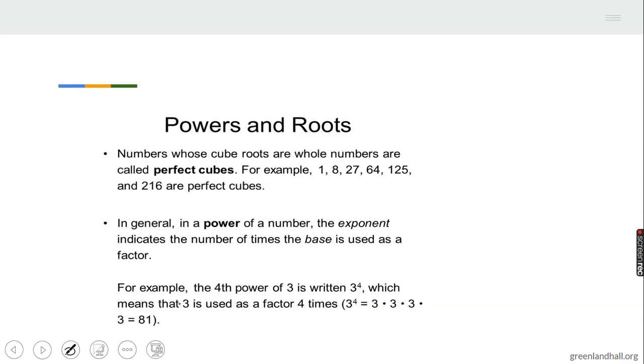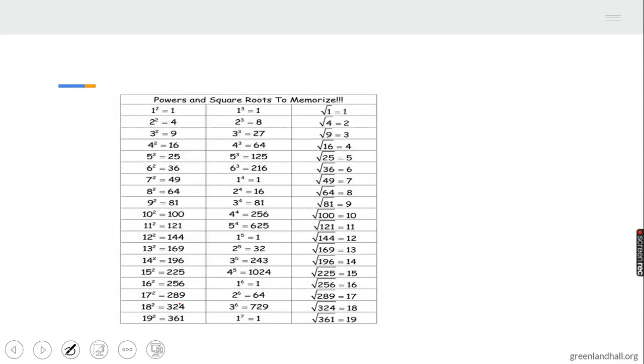Now, to get our root, we must understand what powers are. You have been told that power is the small number on top of a base number that determines how many times a number is multiplied. Now we have some roots here. Of course, we have powers as well, but our focus is on root.